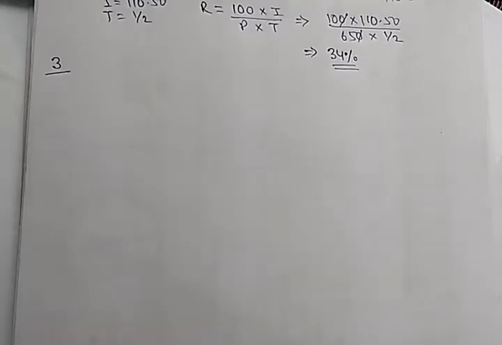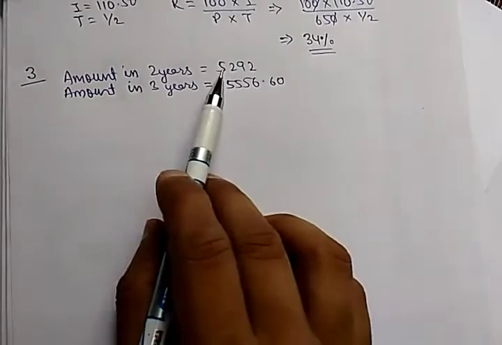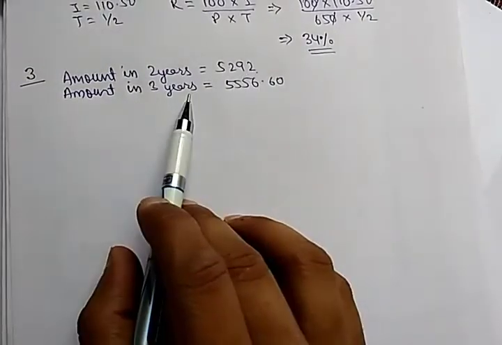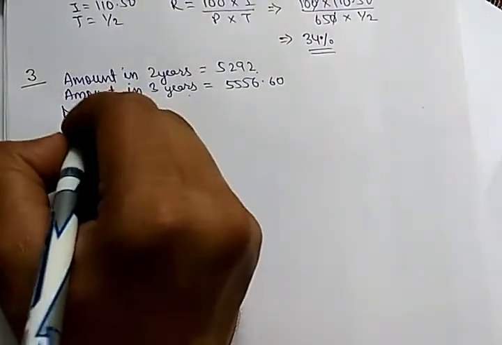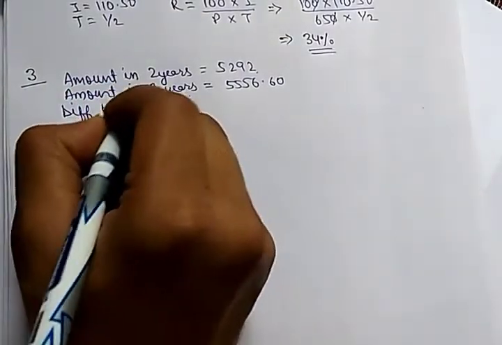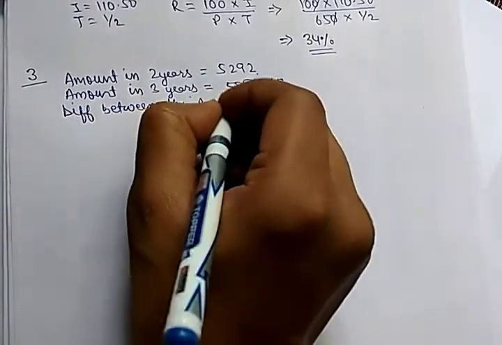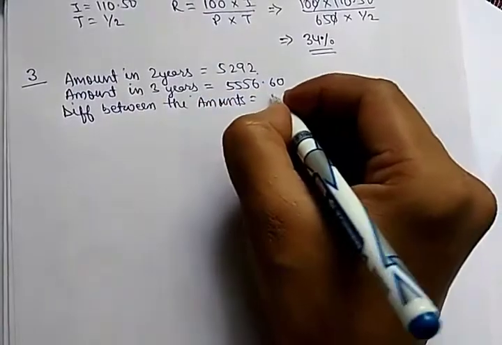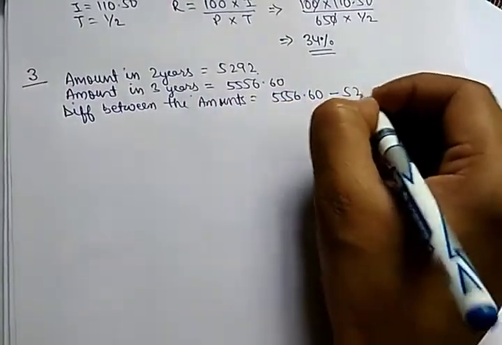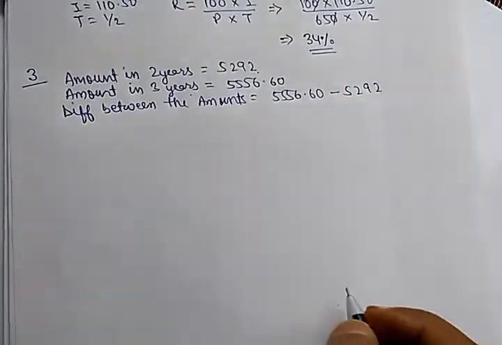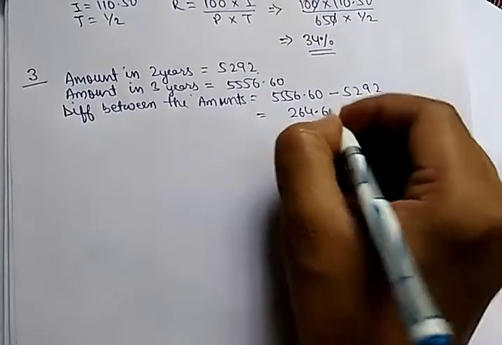So let us do. Amount in 2 years is given 5292, and amount in 3 years is given 5556.60. So what is the difference? Difference between the amounts is equal to 5556.60 minus 5292, equal to 264.60.